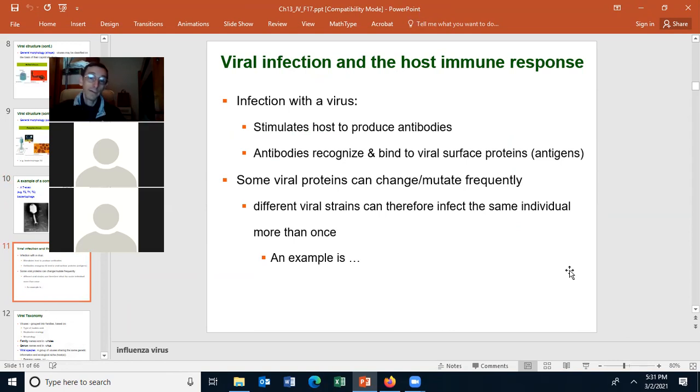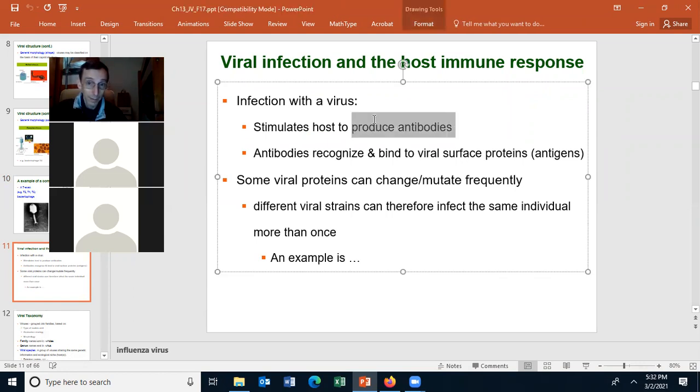So let's move on to viral infection and the host immune response. When a virus infects a host cell, assuming that the host cell is an animal, I don't think plants have an immune system, only animals do. It stimulates the host to produce an antibody. Now, obviously, in bacteria, this doesn't happen because they're not animals.